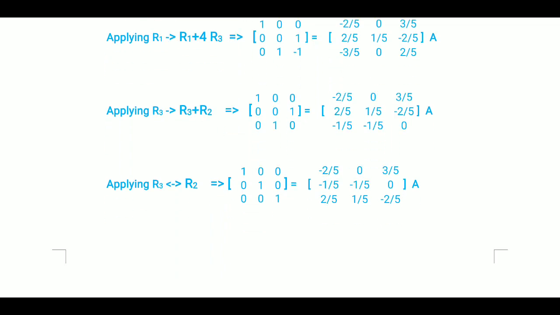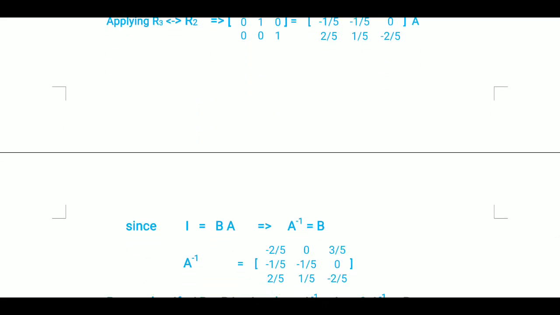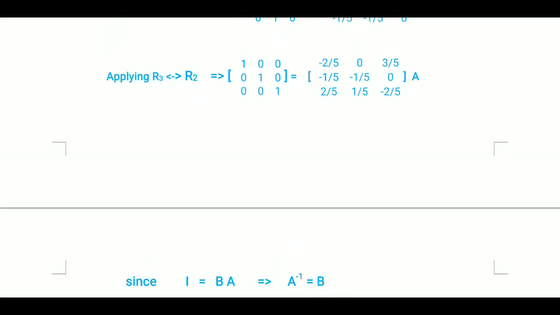Here this is 0 into A. Thus again we apply interchange of R3 and R2. So we get 1 0 0, 0 1 0, 0 0 1 is equal to minus 2 by 5, 0, 3 by 5, and R2 and R3 are interchanged: minus 1 by 5, 1 by 5, 0, and 2 by 5, 1 by 5, minus 2 by 5, into A. Thus the identity matrix is equal to B into A form.